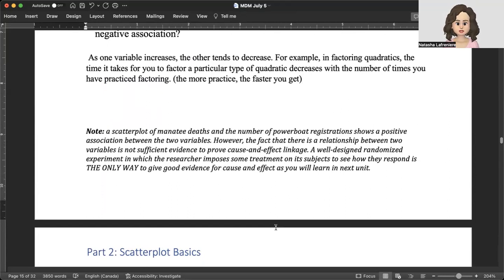It's not a cause and effect type of thing. It's almost a coincidence. A well-designed randomized experiment, in which the researcher imposes some treatment on its subjects to see how they respond, is the only way to give good evidence for cause and effect, as you will learn in the next unit.